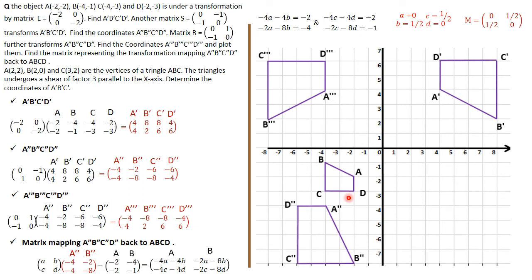I think that's it. Then we go to the next part where we are told the points A, B, C are vertices of triangle ABC. The triangle undergoes a shear of factor 3 parallel to the x-axis. Determine the coordinates of A', B', and C', the image of ABC.